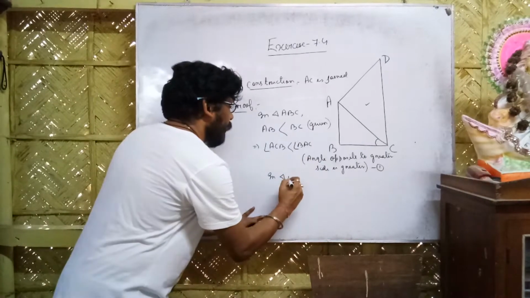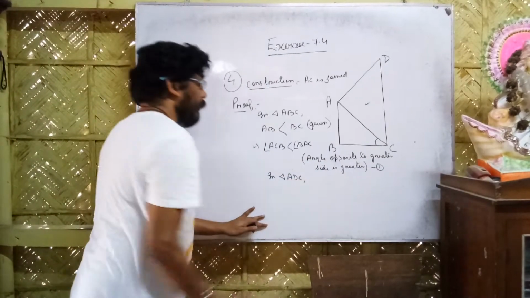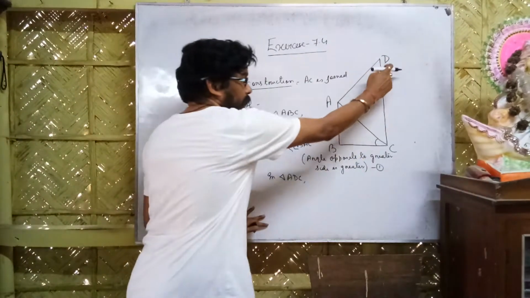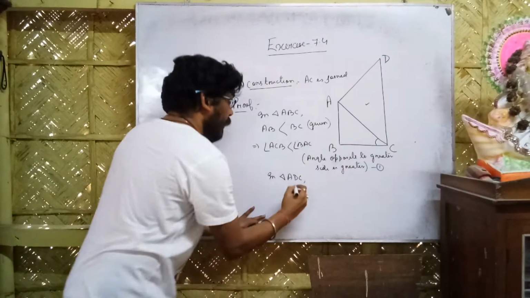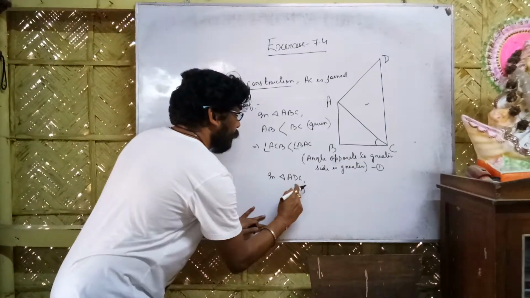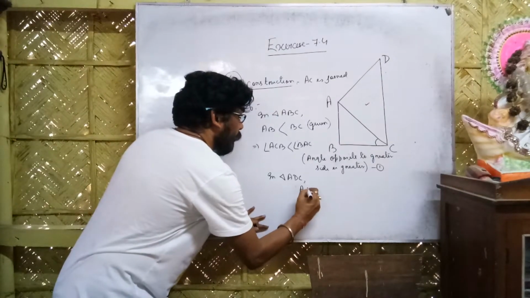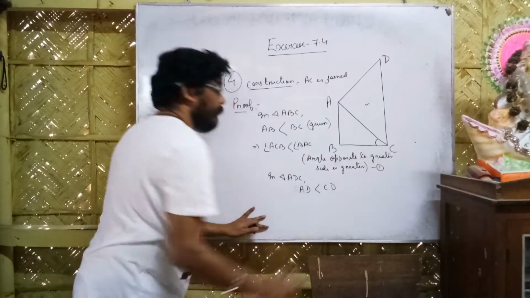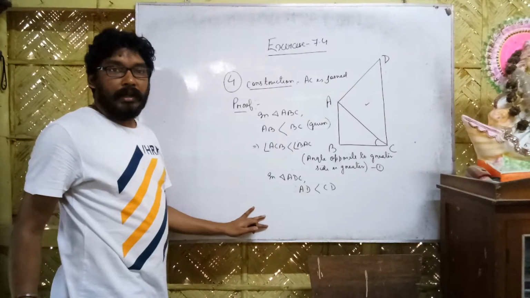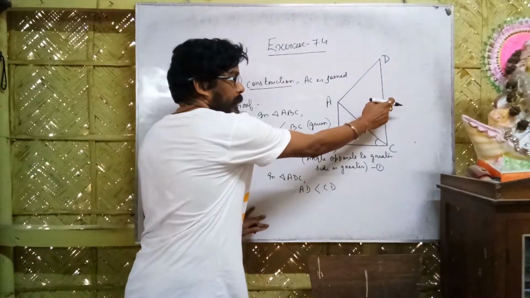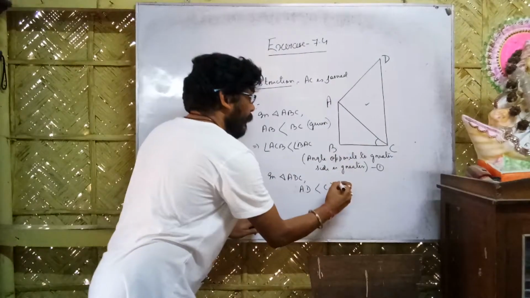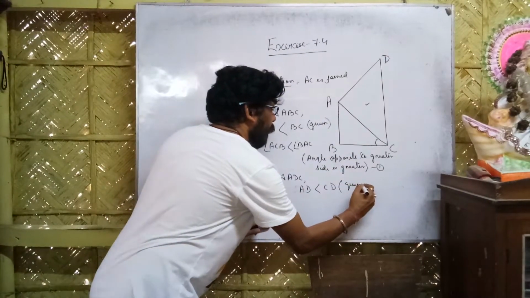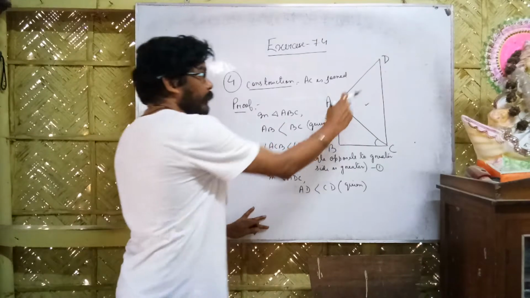In triangle ADC. In ADC, CD is the longest side. CD is longer than what? AD. So you write in this way, AD less than CD, because CD is the longest one. In the question they have said CD is the longest side. So AD will be smaller than CD. It is given. So opposite of AD, what is the angle?